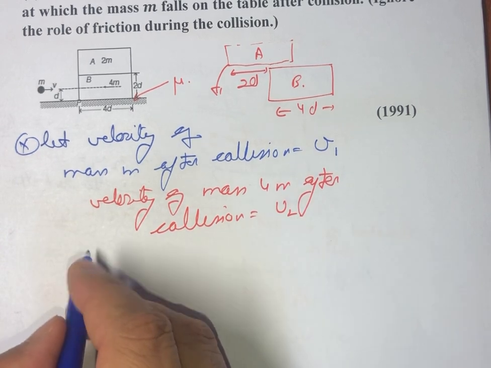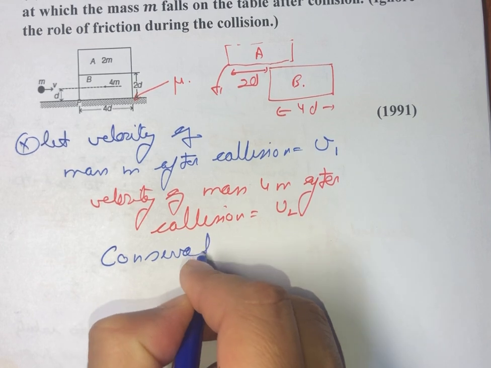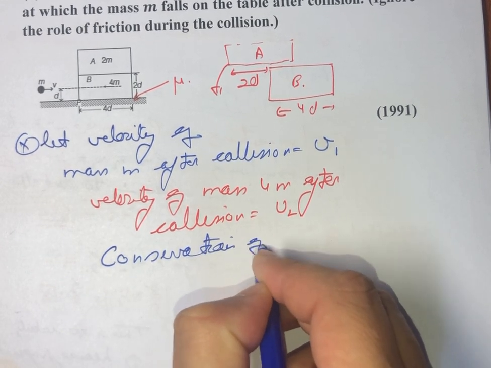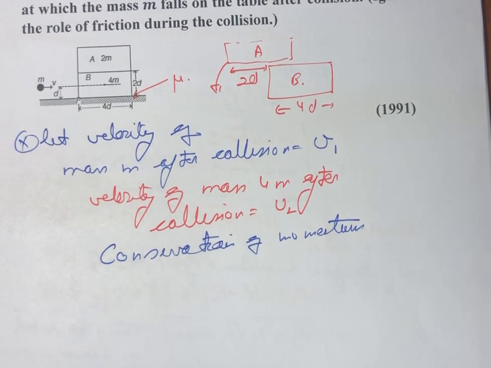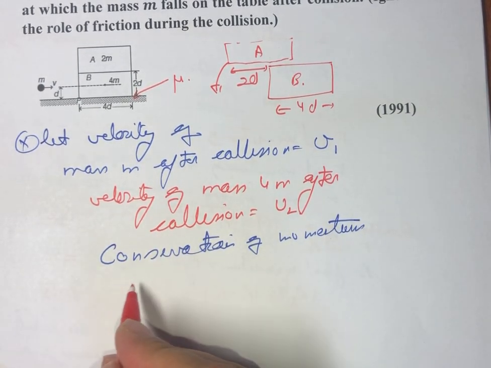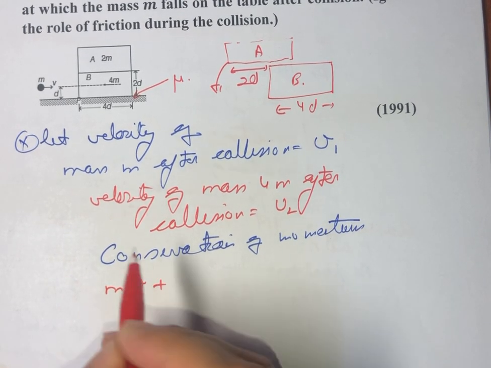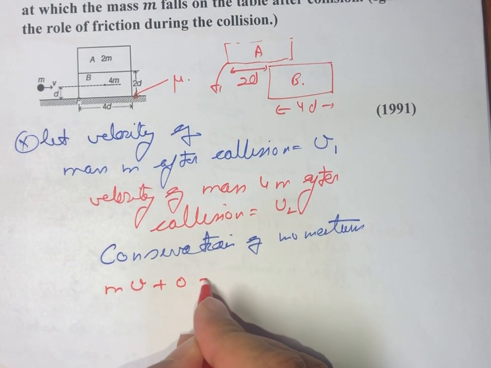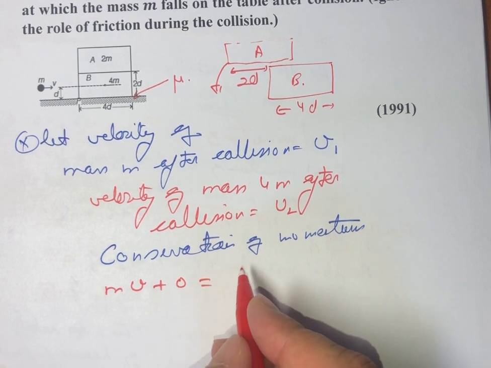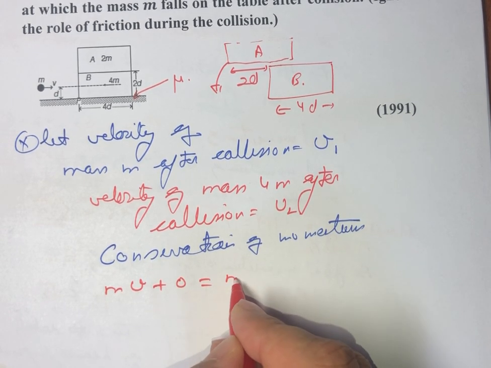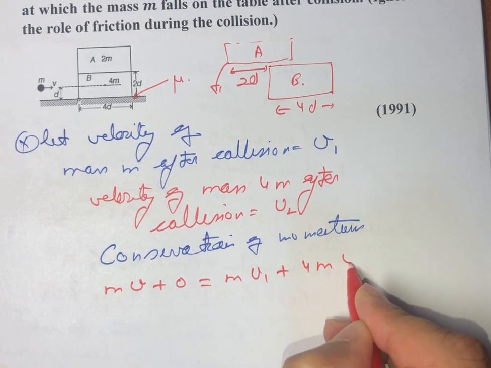Therefore we can use conservation of momentum. So we have mass m traveling with velocity v and the initial is 0 for 4m, and final we have mass m traveling with velocity v1 plus 4m traveling with velocity v2.